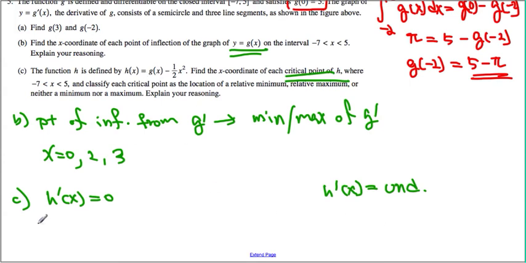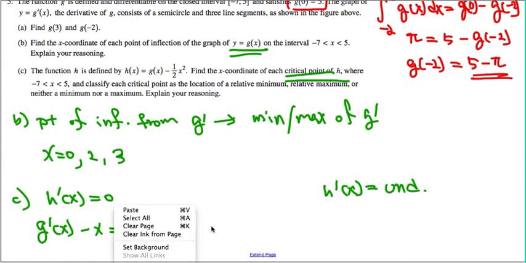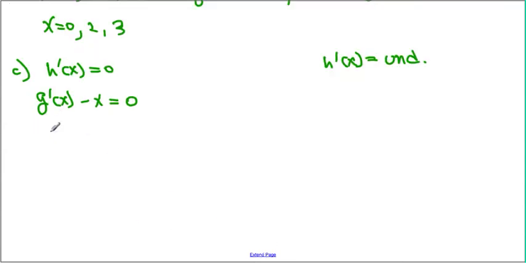Here, then we end up getting g prime of x, which we will figure out from previous ones, minus x, which has to be equal to 0. Then what does that mean? G prime of x has to be equal to x.